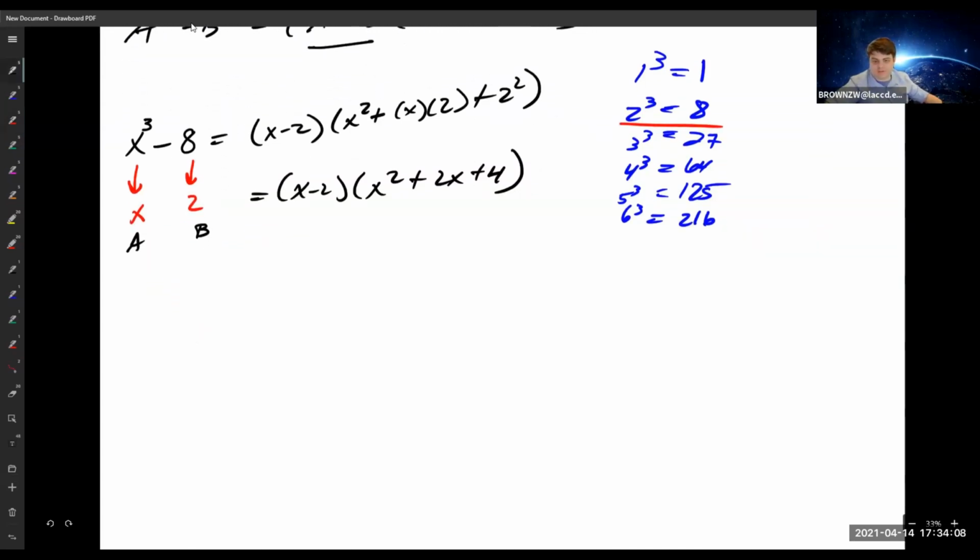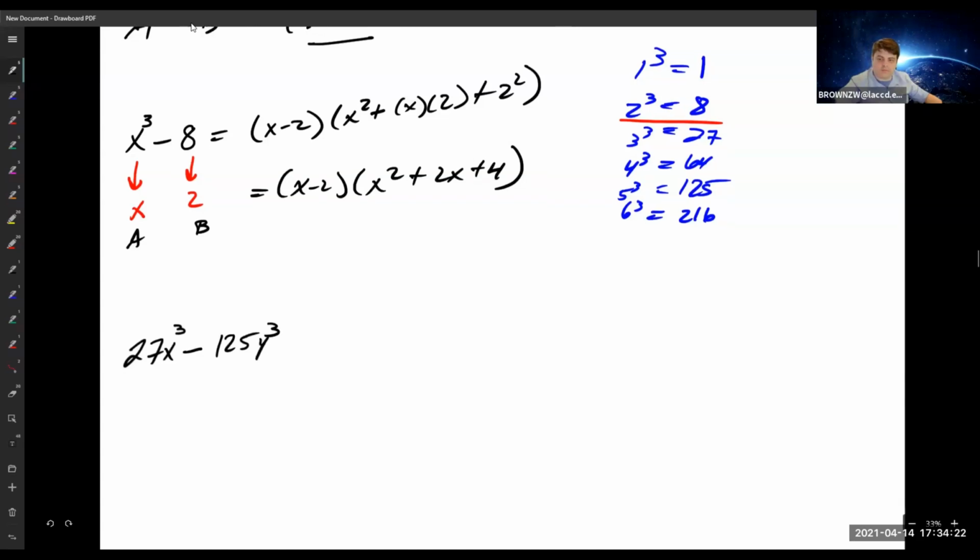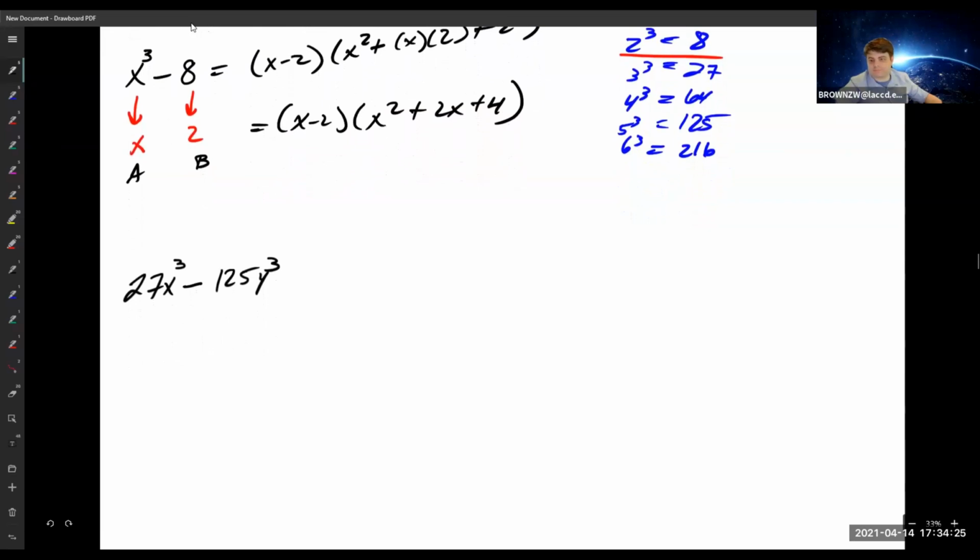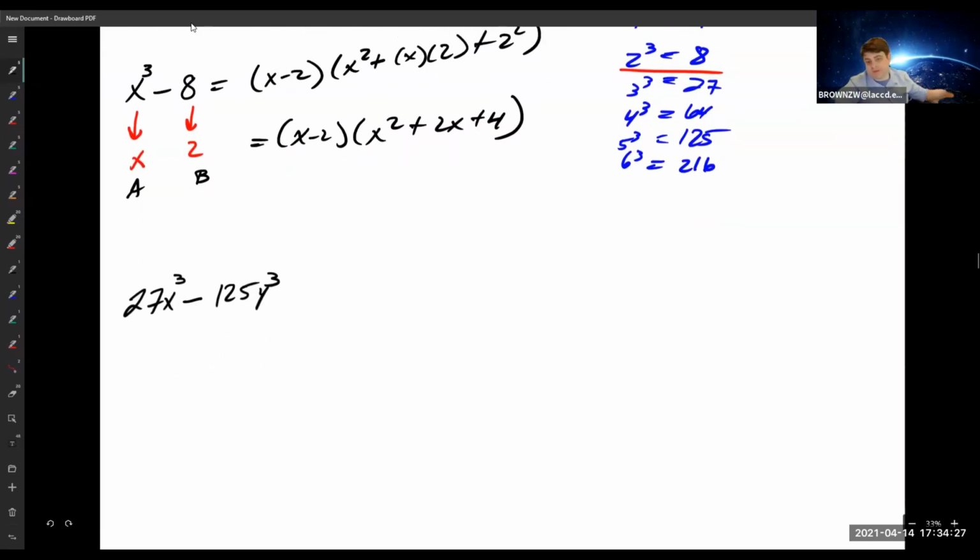Let's do another one of these. Again, the prompt here is to factor. So this first term, 27, is a perfect cube of 3x.